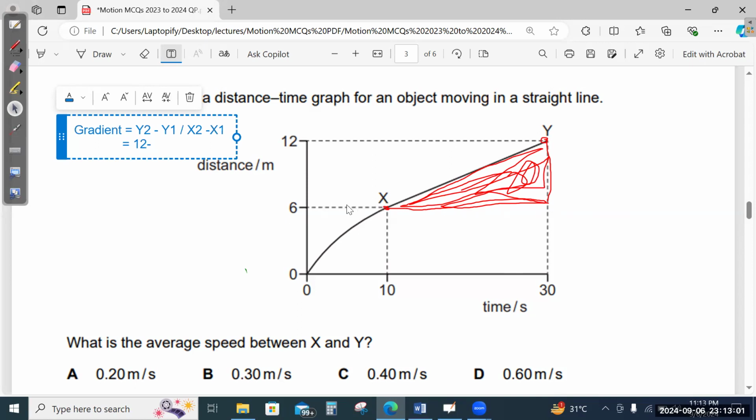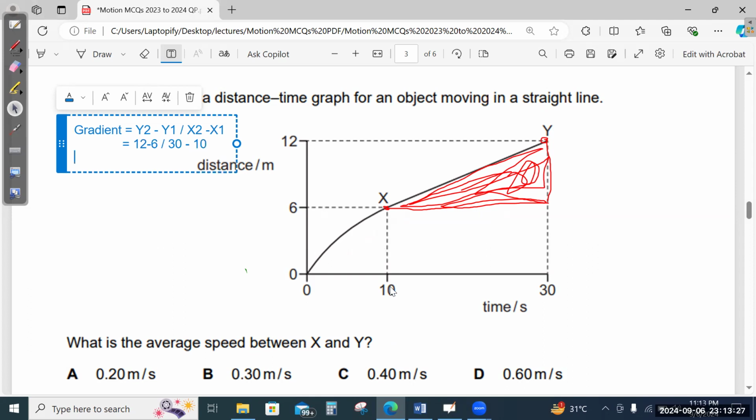divided by the value of x2, you have to move from that point vertically downward and check the value, this is 30, this is your x2, minus x1, from this point you move vertically downward, this is 10.